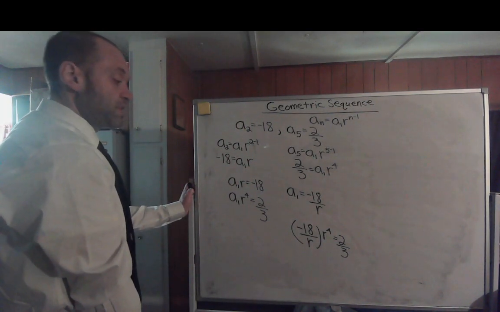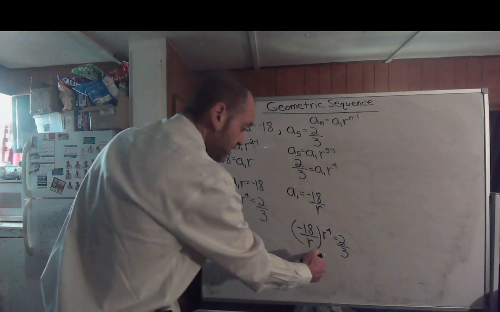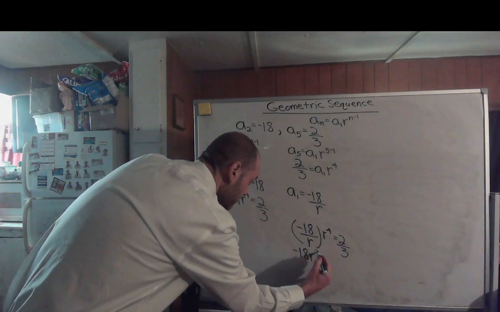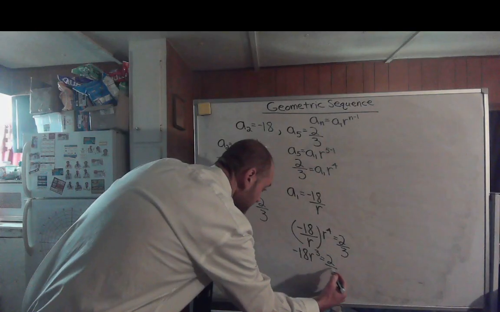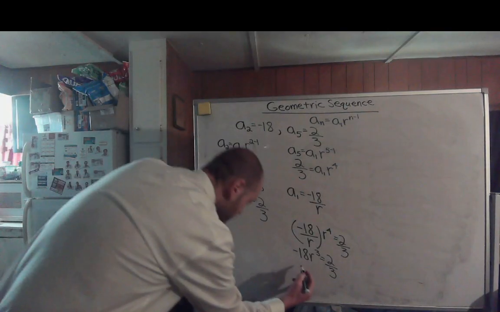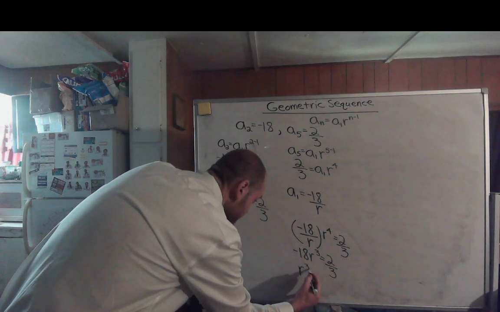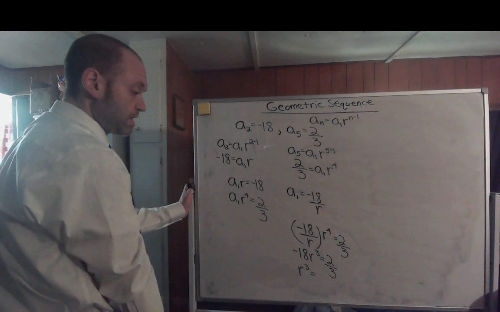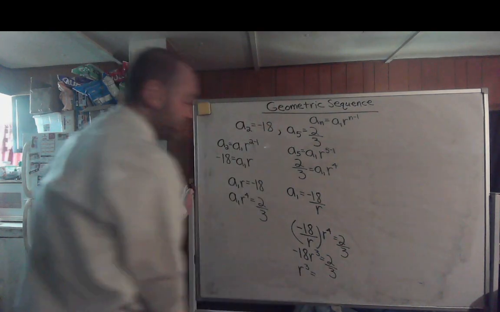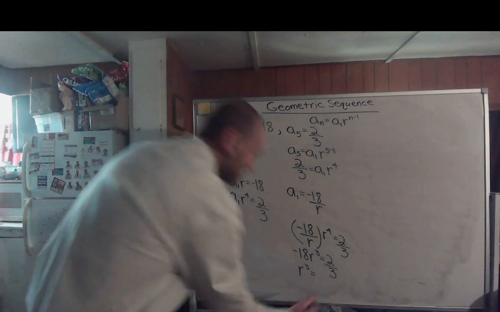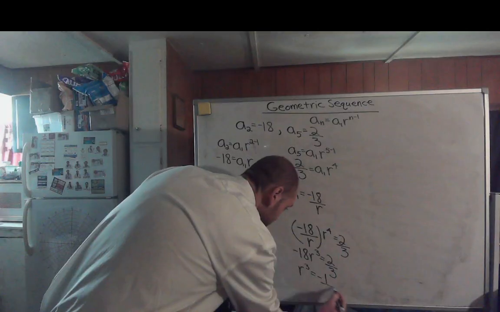So that means you're going to have an r cancel out. You'll just have negative 18 r to the 3rd equals 2/3. Now we just want to get that r to the 3rd by itself, so r to the third is going to equal 2/3 divided by negative 18, which is going to end up being negative 1/27 when you simplify it.